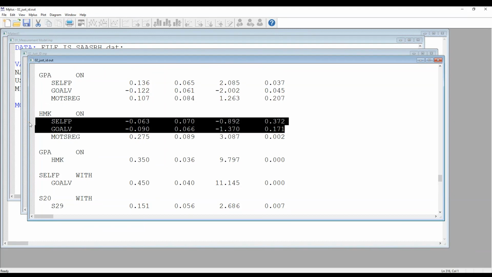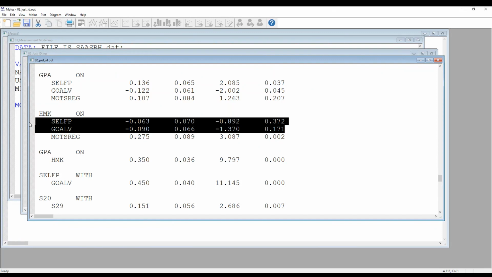We were thinking after controlling for motivation, we don't need a direct effect of self-perceptions or goal evaluation on homework, but we're checking. We didn't have those in our conceptual model, but we're making sure we don't need them. And sure enough, as is the case when you get to make up the examples yourself, turns out we don't need those, yay. So I can actually delete those 3 paths that I thought I didn't need.